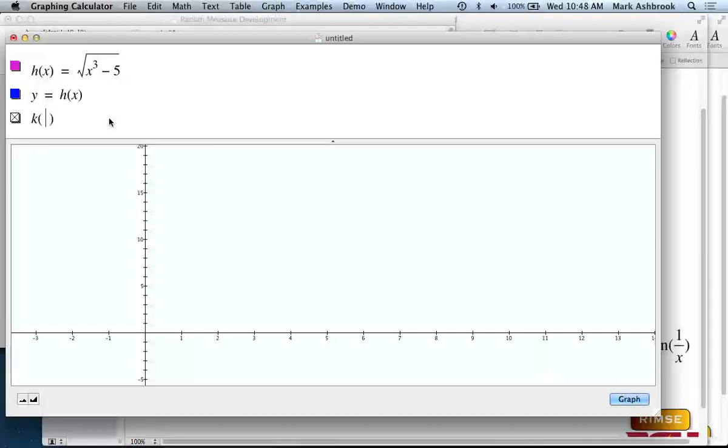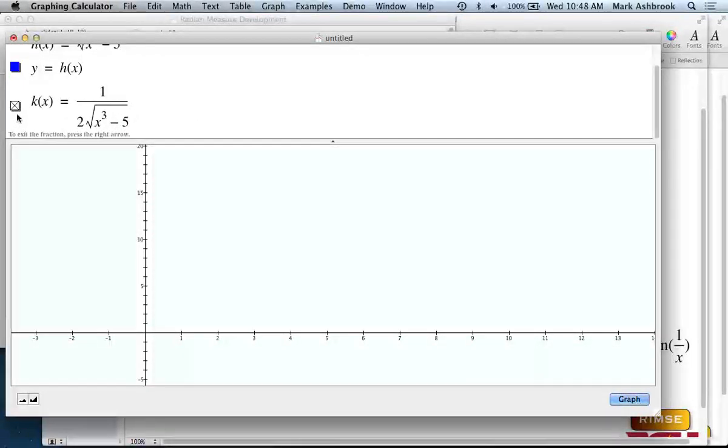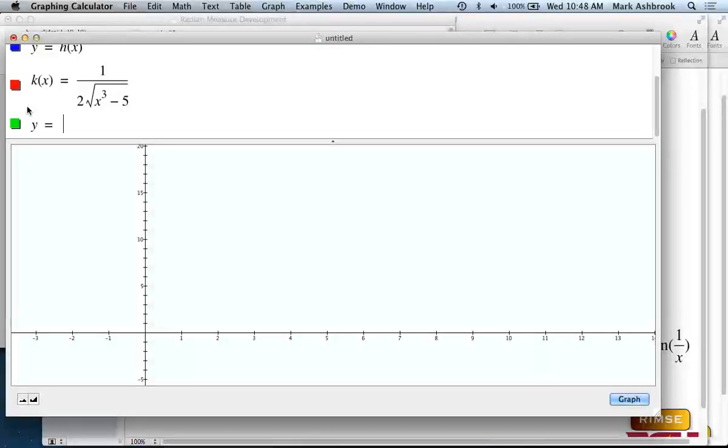Okay, so K of x, we think maybe it's 1 over 2 square root of x cubed minus 5. And then we want to graph that. Let's make that red. Okay, so they're not the same.